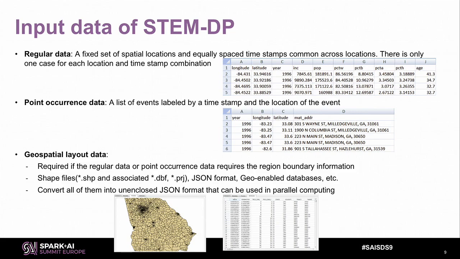For the input data of the data preparation, the customer usually can have three kinds of data, and they may have data with similar content or format, which can be transformed into these types. First, the regular data, which is just like the commonly used tabular data.